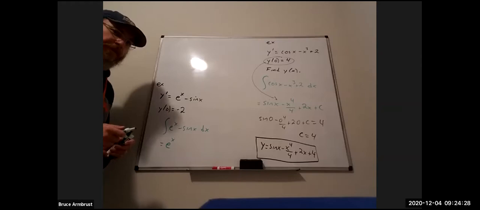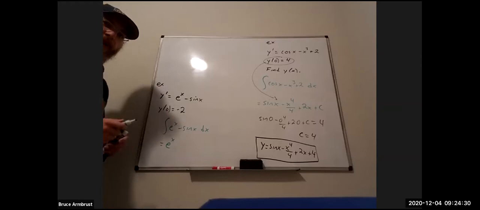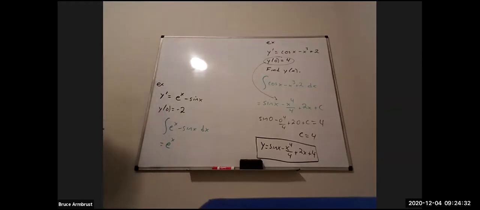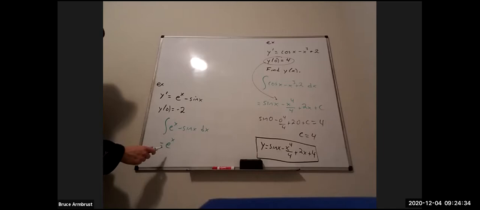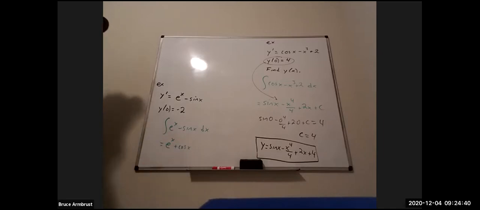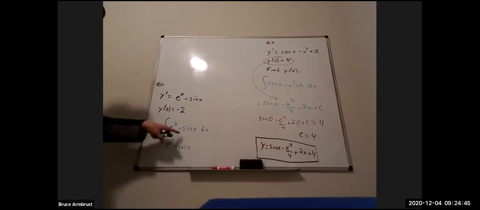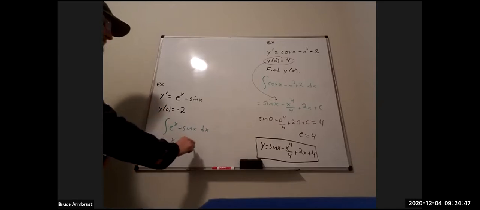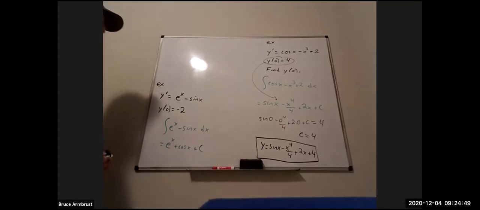Remember, e to the x is your best friend, because whether you differentiate or anti-differentiate, you always get e to the x. Okay, so that's e to the x. The minus sine of x gives us cosine of x, because the derivative of cosine is minus sine. And then, of course, we have a plus c.